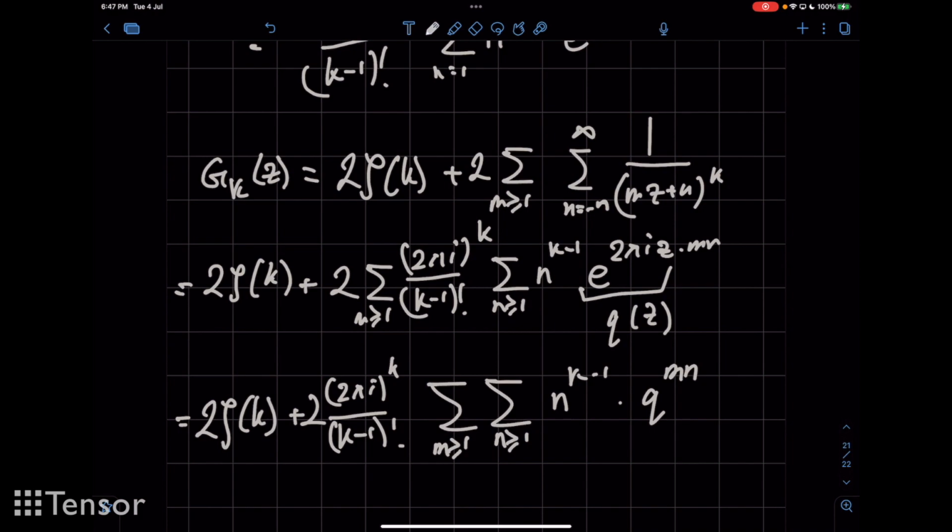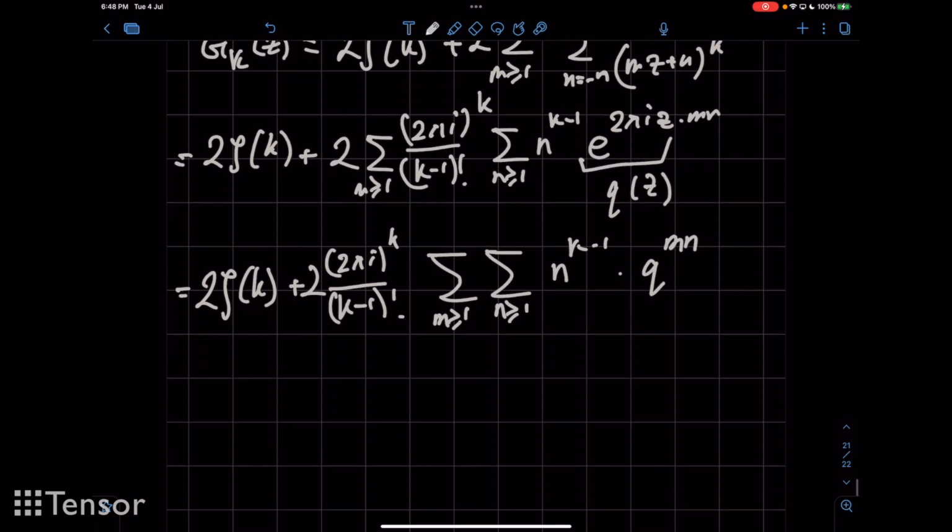This is the q expansion. Well, not quite, because in the q series expansion we only have a single sum. We don't have a double sum. So we need to tweak this sum a little bit. So for that we'll do a change of variables.